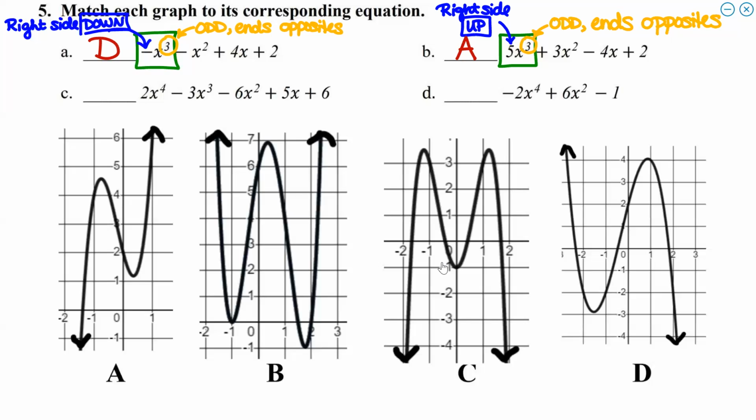On equation C, what's the only part I care about looking at? First term. Which piece of the first term do I care about the most at the beginning? Coefficient. What does that leading coefficient tell me? Right side. And what's the right side doing? Up.